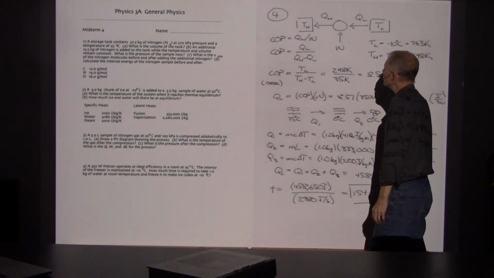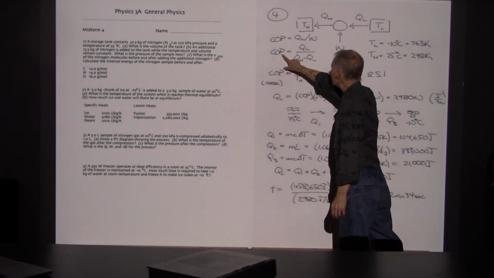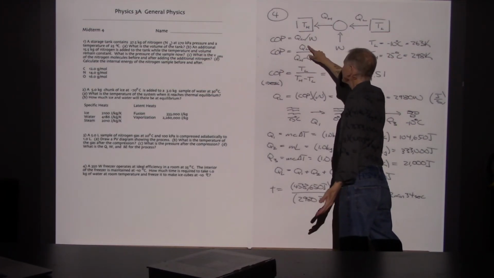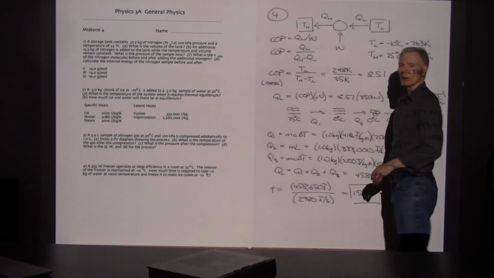So that's the actual coefficient of performance. I can rewrite it as QL on top, and the work can be written as QH minus QL.